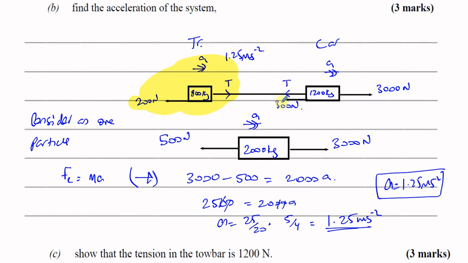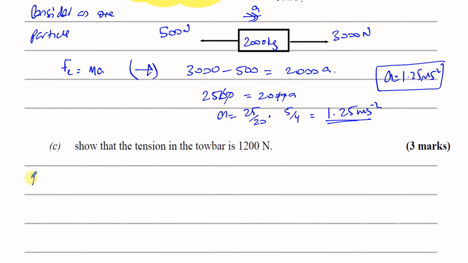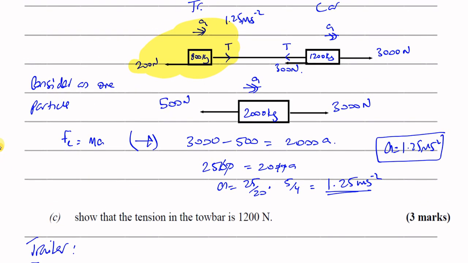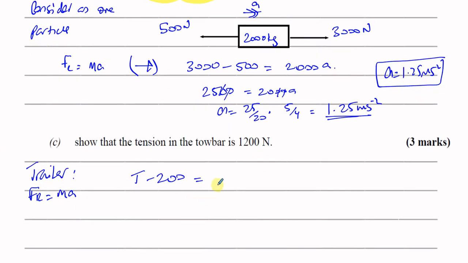So here, the resultant force, if I'm just thinking about this trailer, is going to be T minus 200. And that's equal to the mass of just the trailer times its acceleration. So considering just the trailer alone, I've got the resultant force equals the mass times acceleration. So the resultant force this time is going to be T minus 200, and we have to find the T, equals the mass of the trailer being 800 times the acceleration, which we know is 1.25.